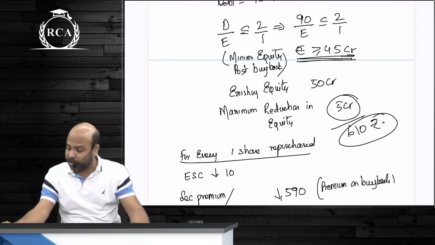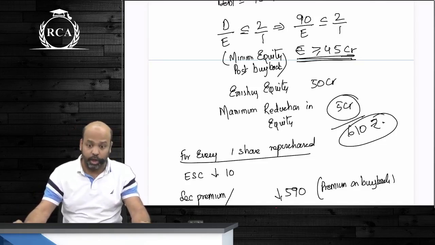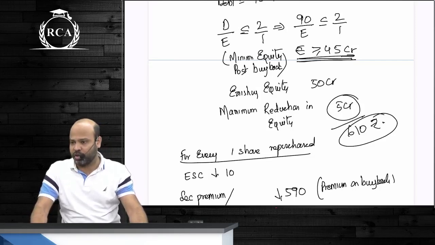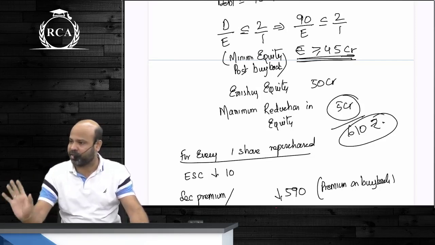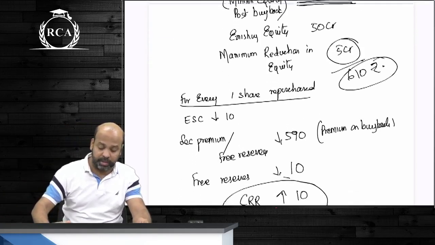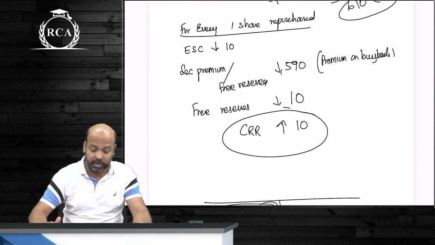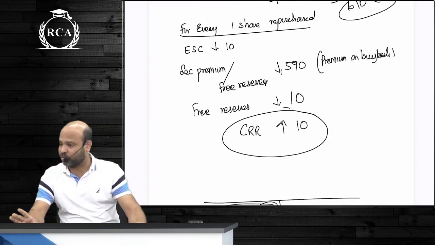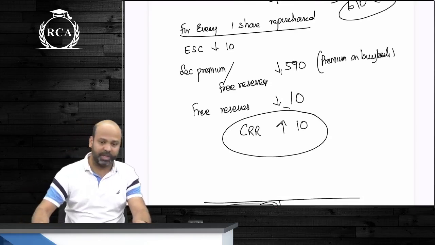Apart from that, beta, because there is a buyback of share, because there is a reduction in paid up share capital, you will transfer free reserves to CRR. CRR is not included in the definition of equity for the limited purpose of section 68. That is why this maximum reduction in equity should be divided by buyback price plus transfer to CRR. In our example, it is 610 rupees. That will tell us how many shares can be repurchased.